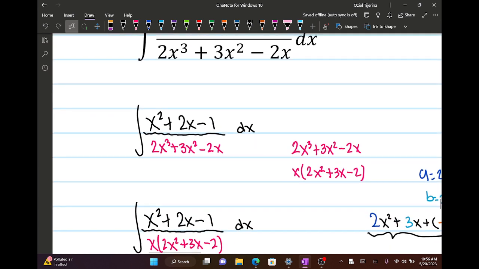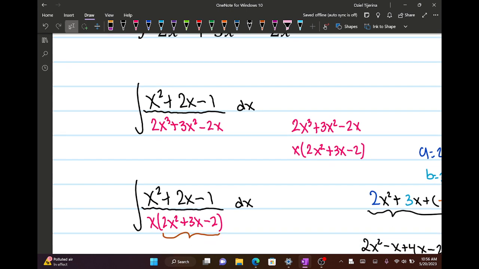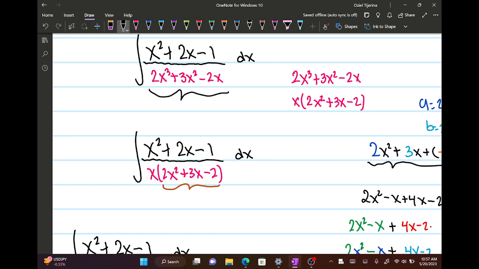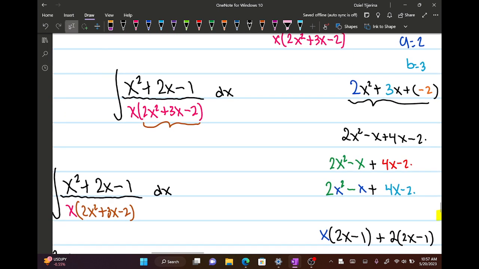So the first thing that I did here was I rewrote the problem and I labeled this stuff in pink, the 2x cubed plus 3x squared minus 2x. And what I did was I factored out an x from this. So from this stuff over here, I went ahead and factored out an x right here. So right over here is where I factored out the x.